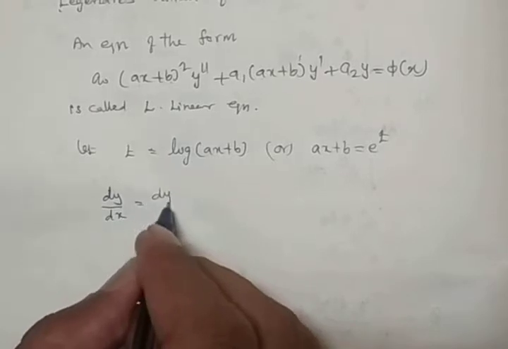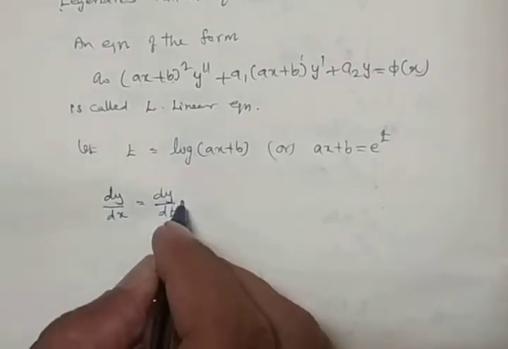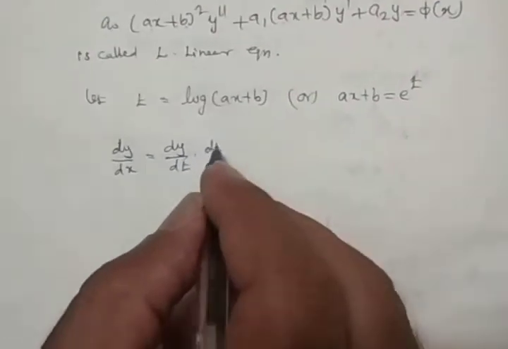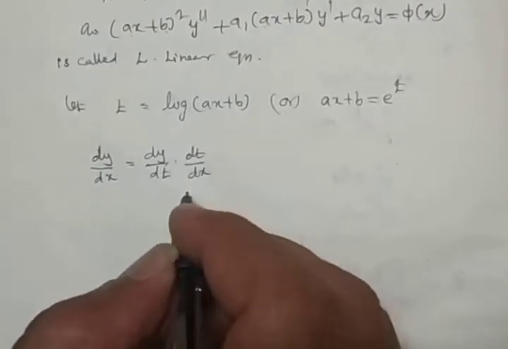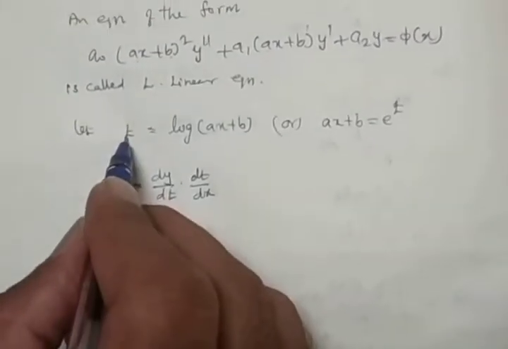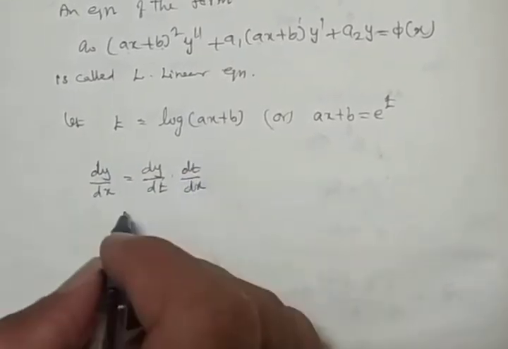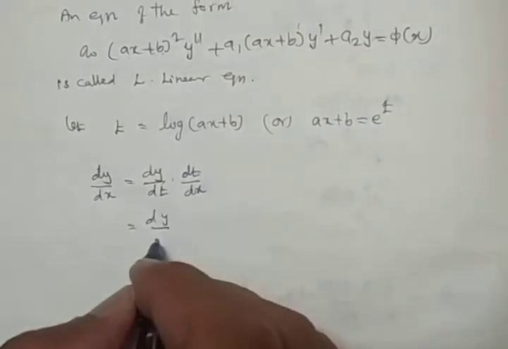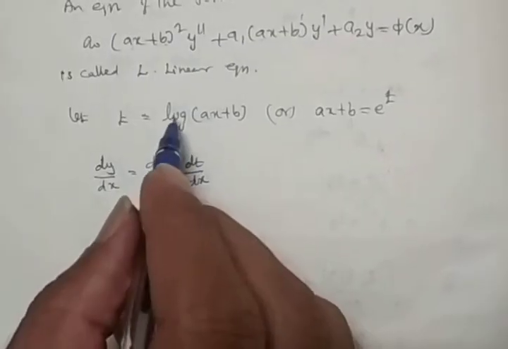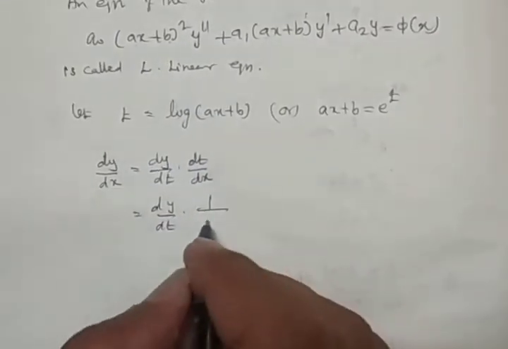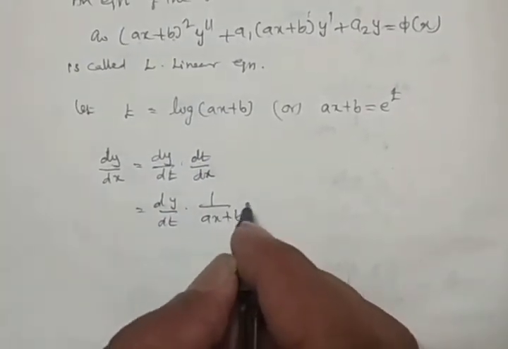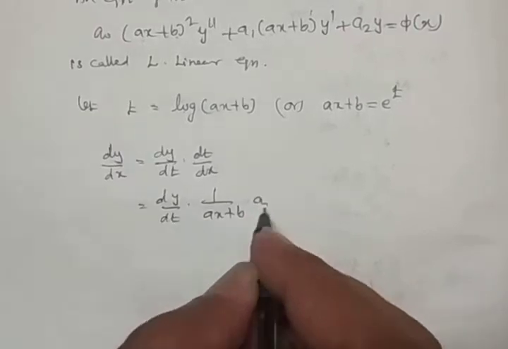We modify this one and write it as dy/dt into dt/dx. So here t is there, we differentiate this with respect to x. So dy/dt into the differentiation of this, which is 1/(ax + b) into a.